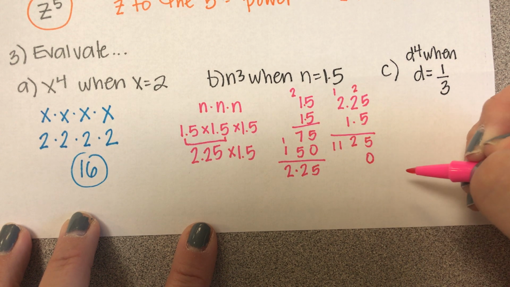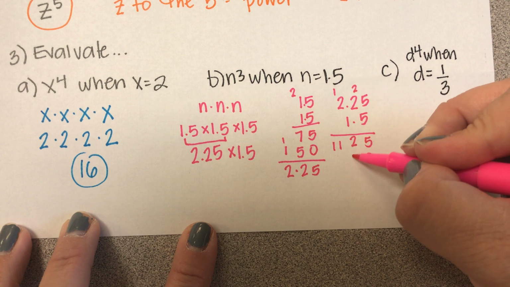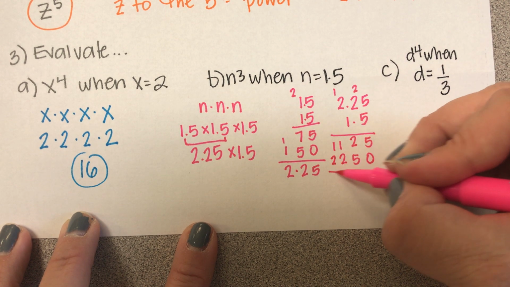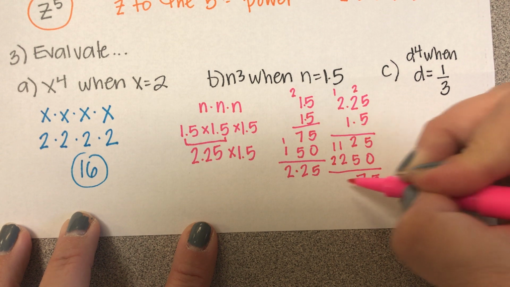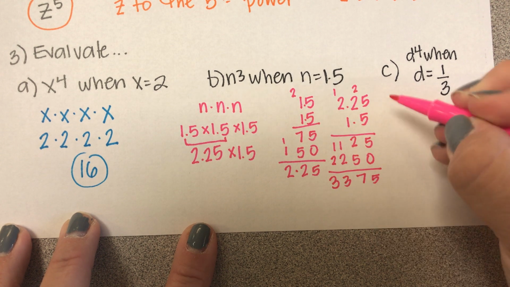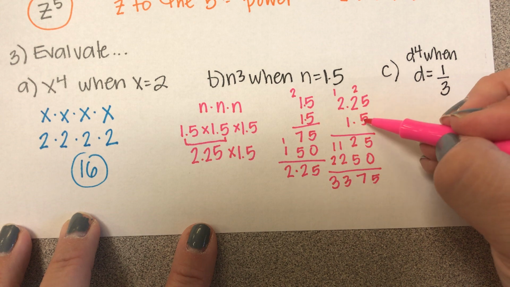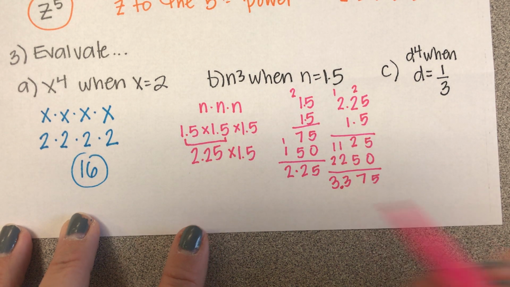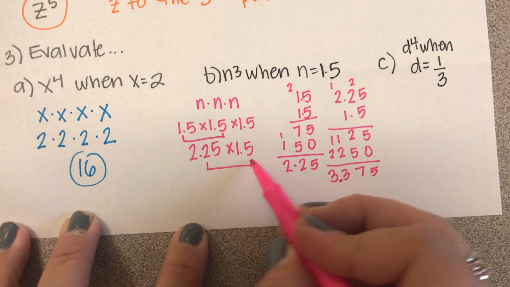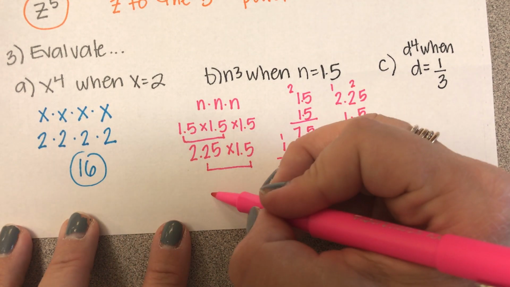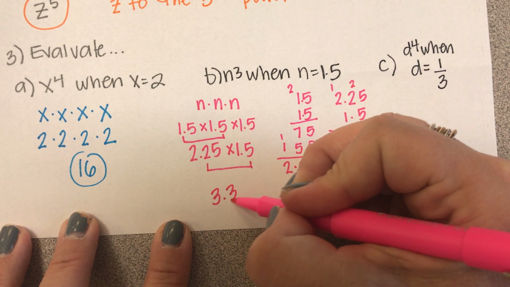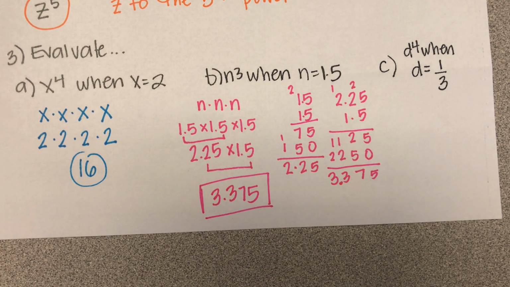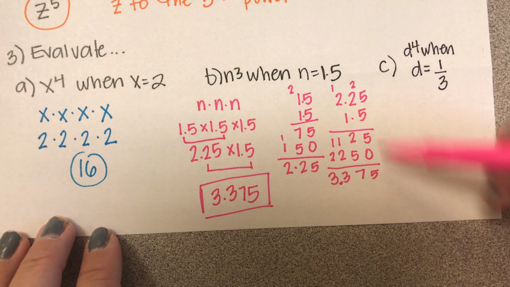I put a 0 to show I was there. 1 times 5 is 5. 1 times 2 is 2. 1 times 2 is 2. 5, 7, 3, 3. And there should be 1, 2, 3 numbers behind the decimal. So 1, 2, 3 behind my decimal. So 2.25 times 1.5 would be 3.375.